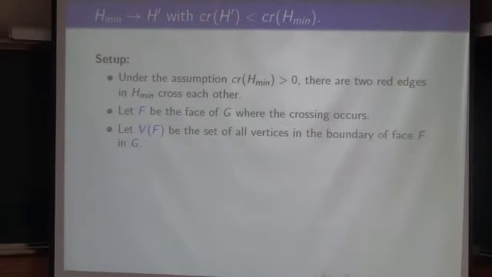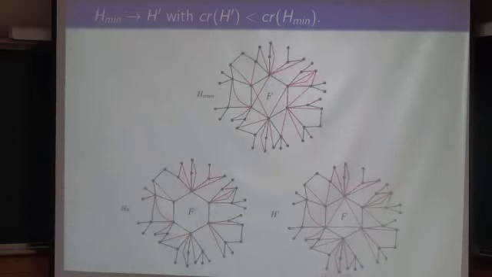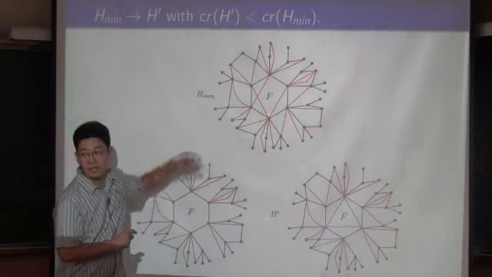So let's start with the setup. Under the assumption that the crossing number of H_min is positive, there are two red edges in H_min that cross each other, right? So there is an edge crossing. And let F be the face of G where the edge crossing occurs, right? And let V_F be the set of all vertices in the boundary of face F in G. So for example, if I draw a figure, this is H_min, right?